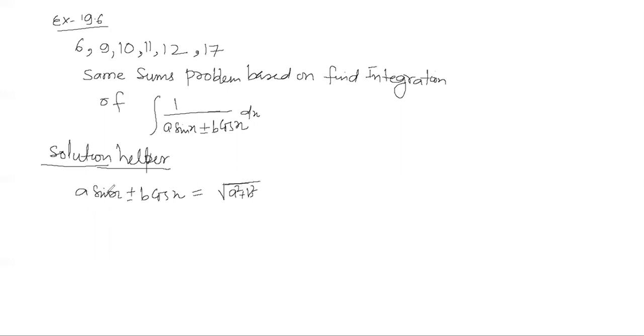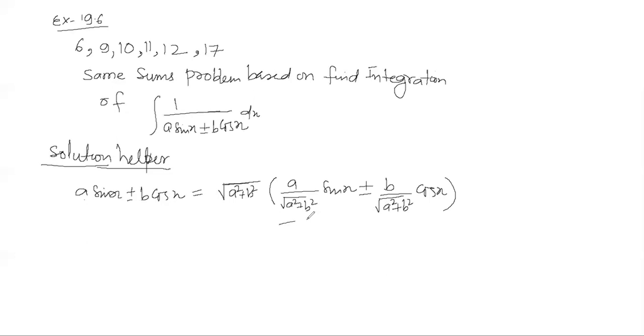Just use the coefficient of sin x and the coefficient of cos x, square both coefficients, sum them and take the square root. Also divide by root under a square plus b square, so we get a upon root under a square plus b square into sin x plus or minus b upon root under a square plus b square into cos x.